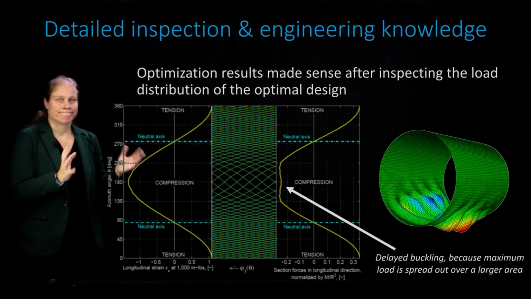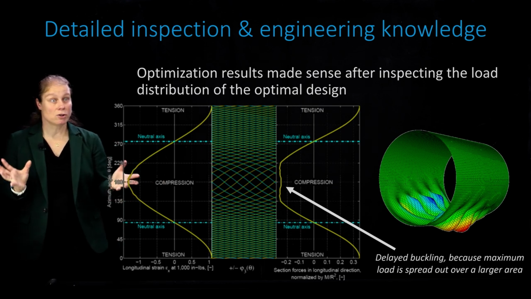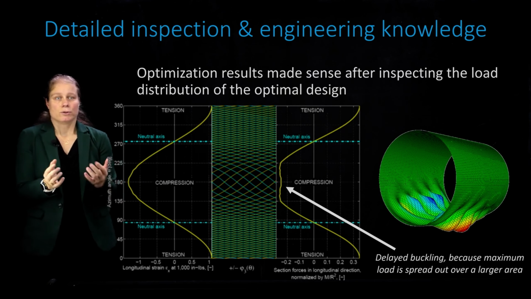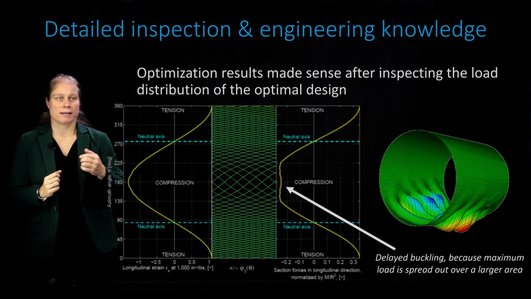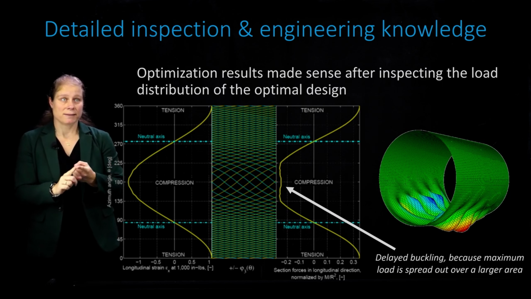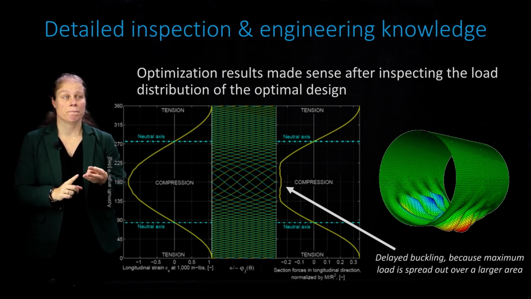Now, that's quite detailed in terms of this result, but what I'm trying to illustrate is, in order to come to the conclusion that the result actually made sense, I looked at the strain distributions. Then I combined that with the definition for my laminate to look at the internal load distributions.